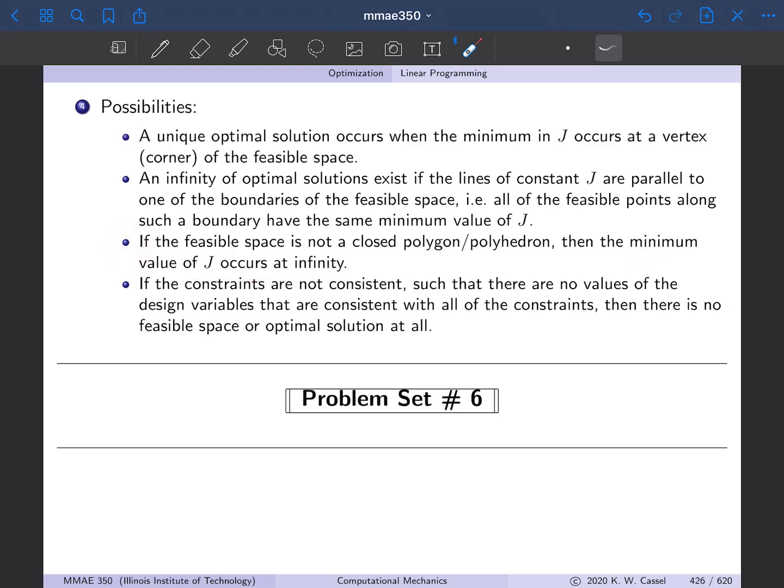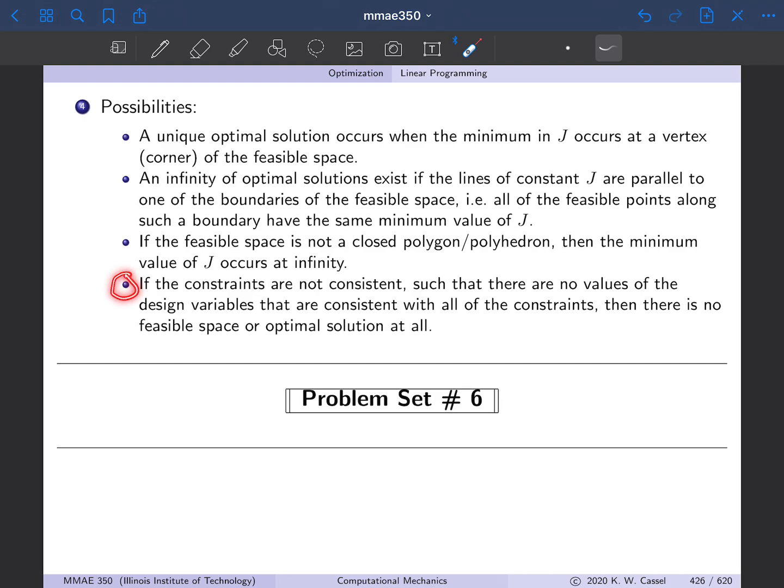So that's generally speaking not a desirable outcome. Now, if J was profit and you could have an infinite profit, that would be great, but that probably means that you missed something in setting up your optimization problem. You forgot that you only have a certain number of employees and they can only be working a finite amount of time or some such thing. So that's an undesirable outcome.